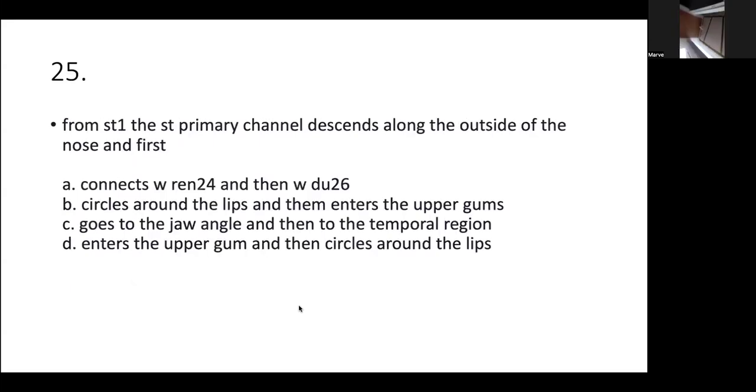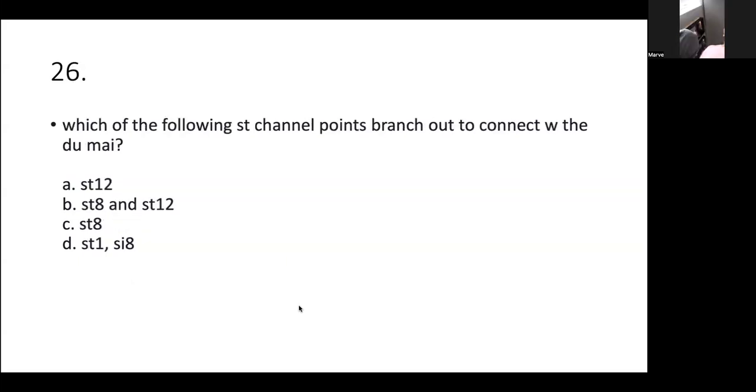From stomach 1, the stomach primary channel descends along the outside of the nose and first enters the upper gum and then circles around the lips, letter D. Which of the following stomach channel points branch out to connect with the DU mai? Letter B, stomach 8 and stomach 12.